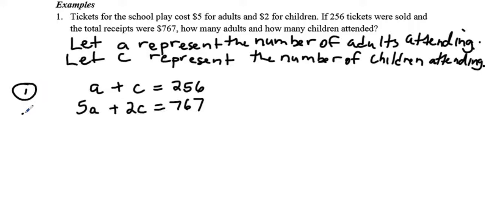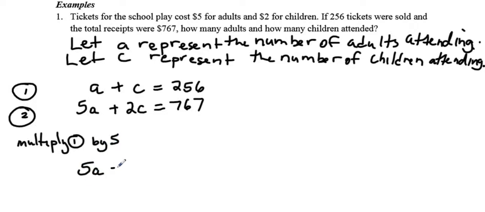So I've got my 1 and my 2. I'm going to eliminate the A's by multiplying number 1 through by 5. Okay, so I'll just write that down. Multiply 1 by 5. So I'm going to get 5A plus 5C equals whatever 5 times 256 is.